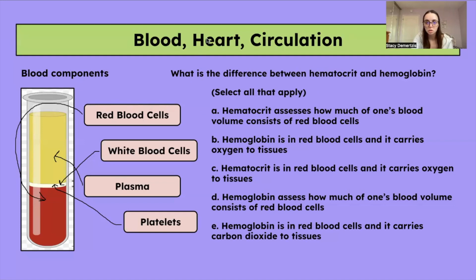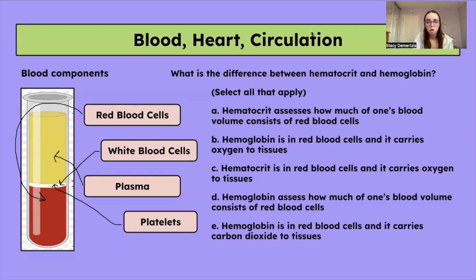So what we're going to do is answer this question right here. When we're studying blood, we learn a lot about how blood flows. Obviously, we just talked about the components of blood, but then blood's relationship to oxygen and how it delivers oxygen and nutrients to our cells and tissues.